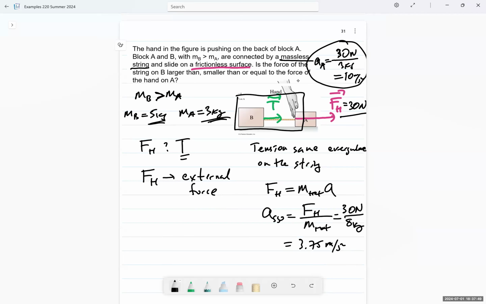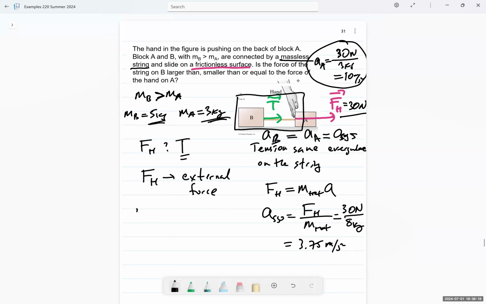Now, the important thing to remember about this type of problem is that A and B are connected to one another, they're interacting, so they're going to have exactly the same acceleration. The acceleration of A and the acceleration of B are going to be exactly the same, and the same as the system acceleration.